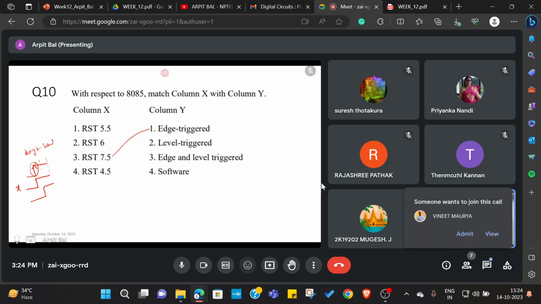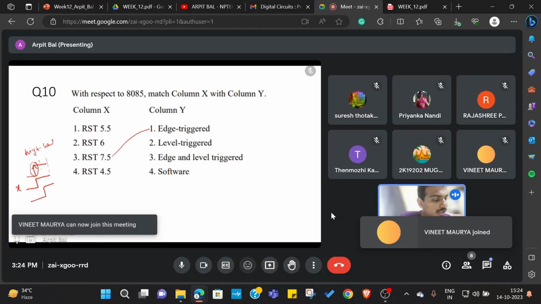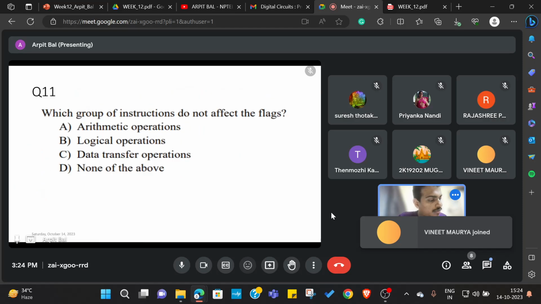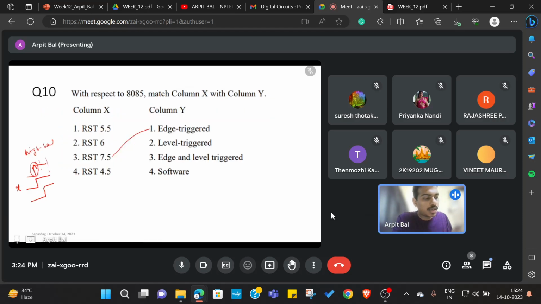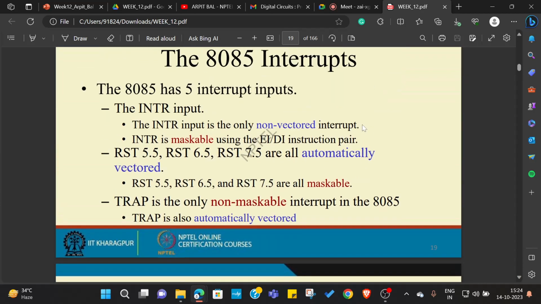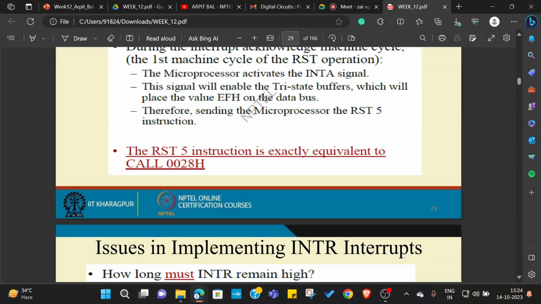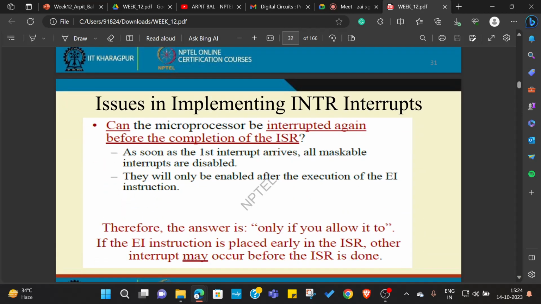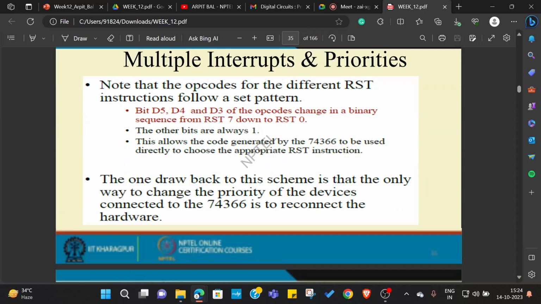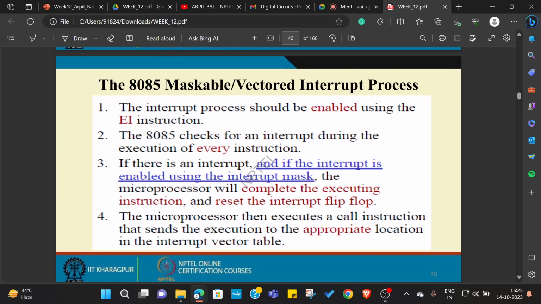Okay, so similarly, what can you say about RST 4.5? Can anyone answer this?